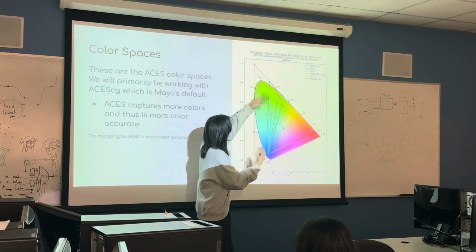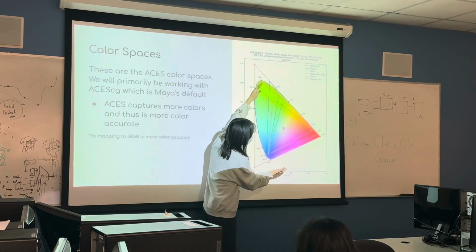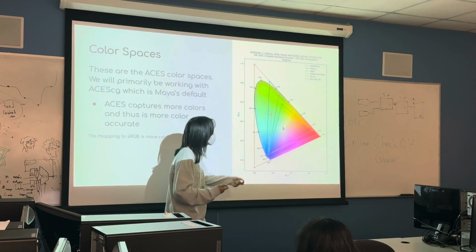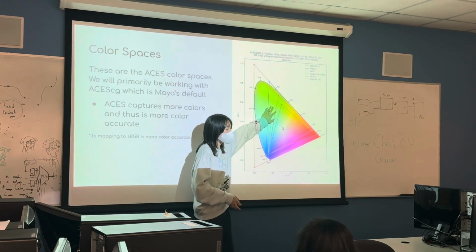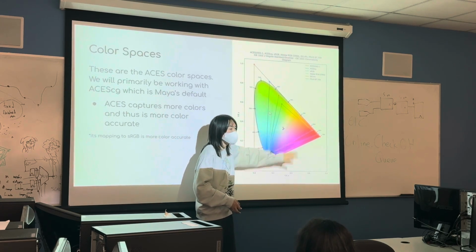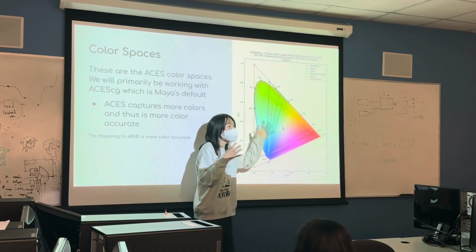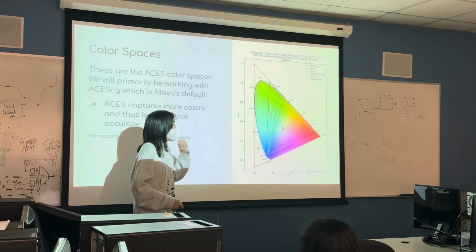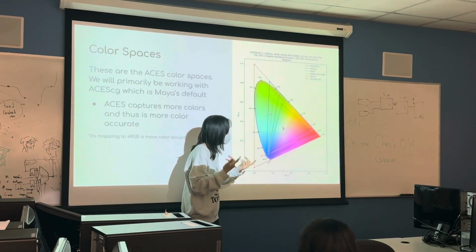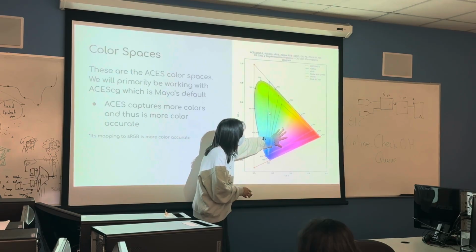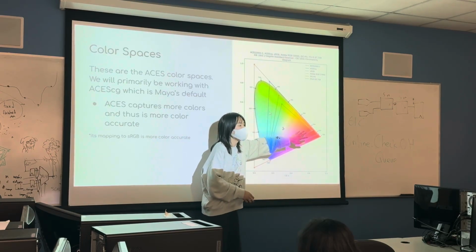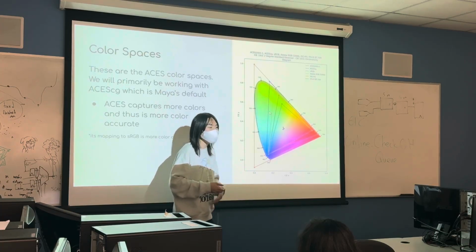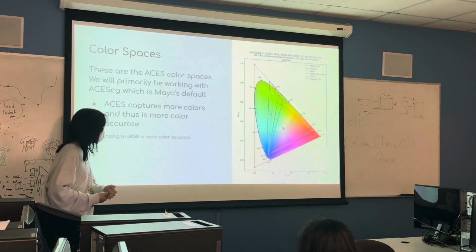Then when I compress that and squish it into the sRGB color space, because I did my calculations in a more accurate color space, I'm able to map it a lot more accurately when I finally display it on my screen. Whereas if I just did my calculations in the sRGB color space, it's not even going to consider any of those other colors out there, because it's not doing the calculations in an accurate color space. Does that make sense?